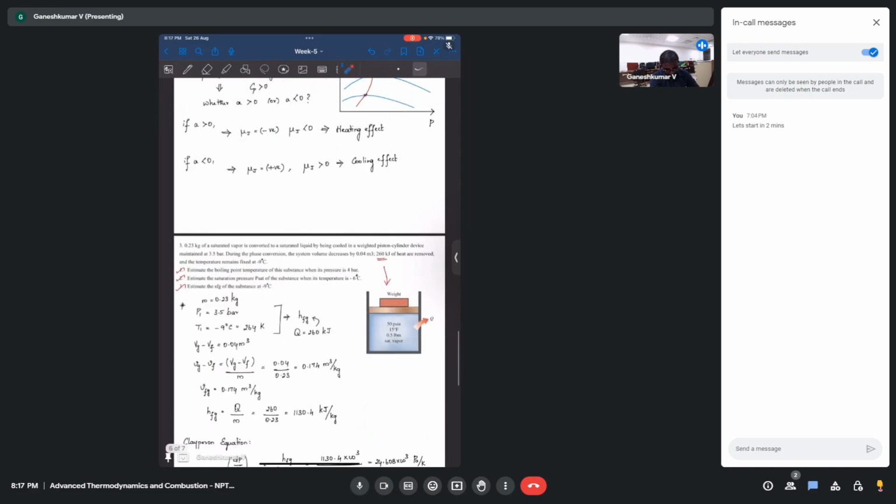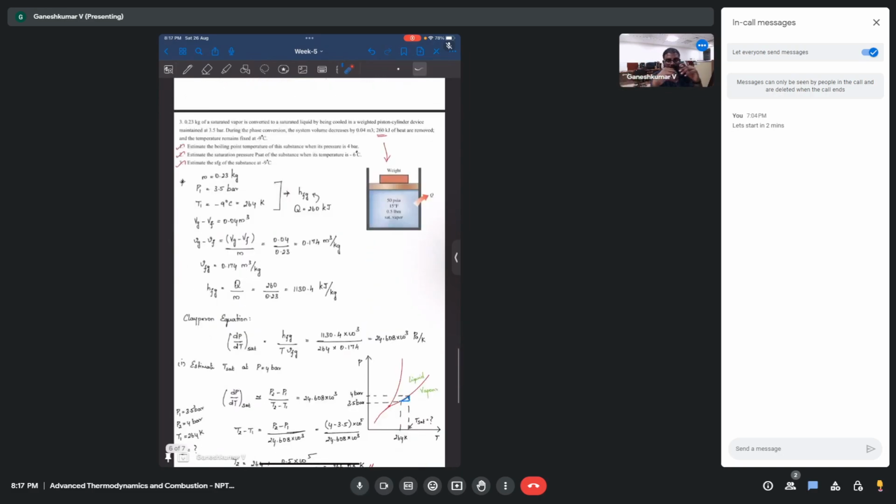And the third question is about using the fact that during the conversion the heat is released, and that heat is nothing but hfg, and using the Clapeyron equation we were able to find the slope in the PT graph, right? Since we can find the slope at that temperature and pressure, we can apply it to a nearby temperature and pressure to find other saturation pressures and temperatures.